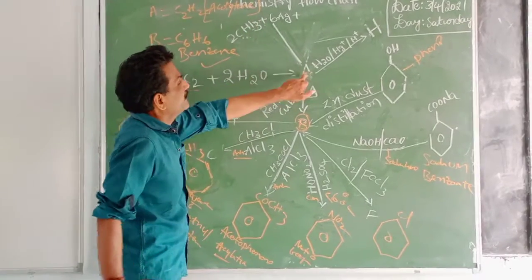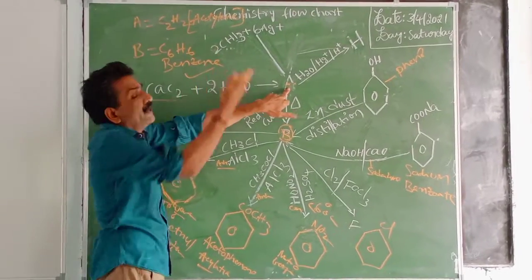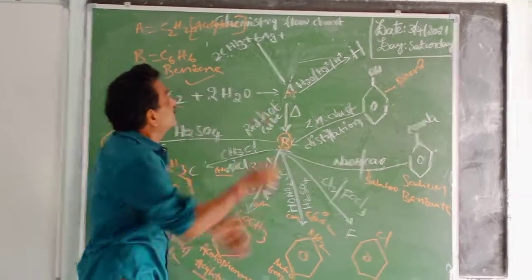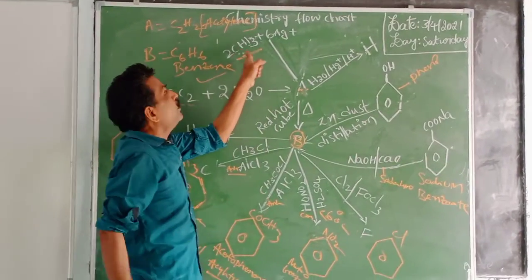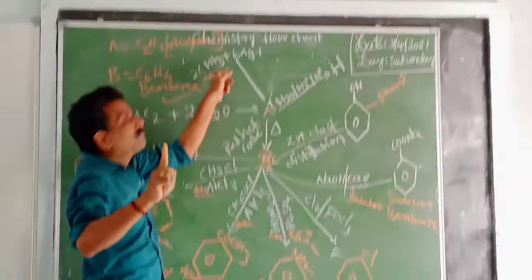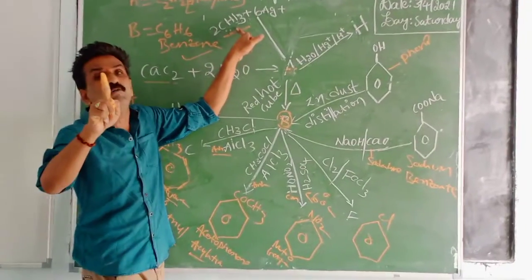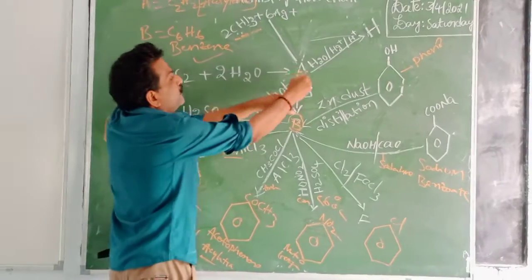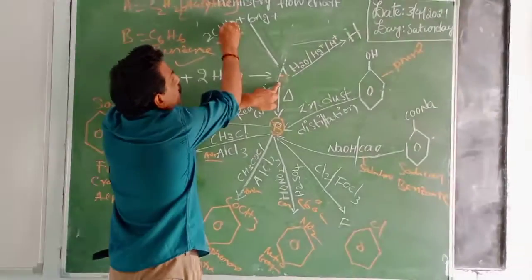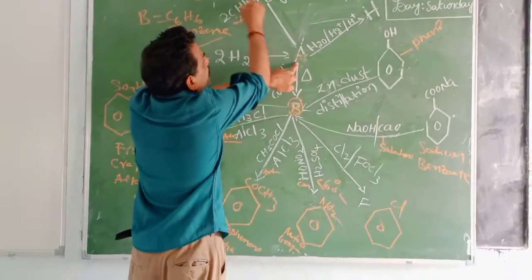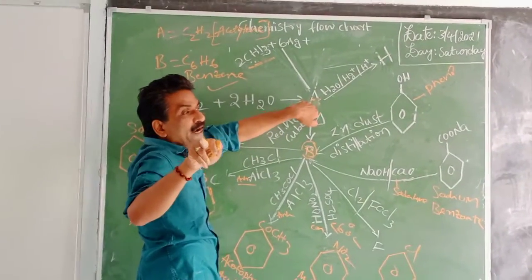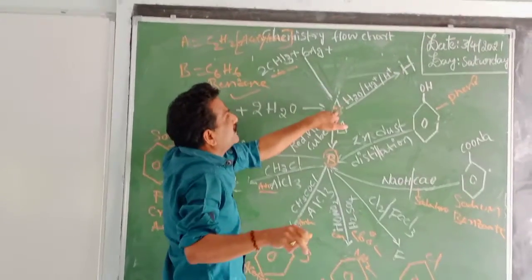The next one: A is nothing but acetylene. So how do you prepare acetylene? Iodoform, CHI3, reacts with silver, we get acetylene.